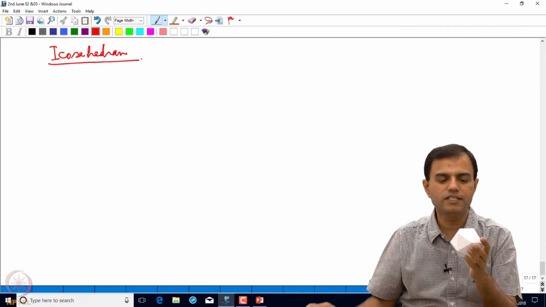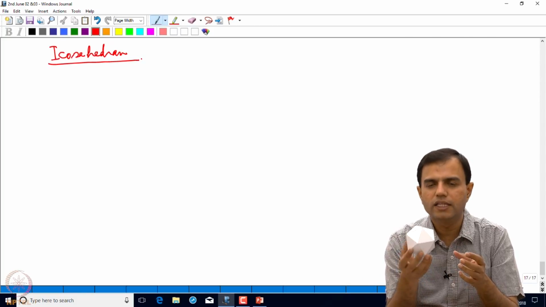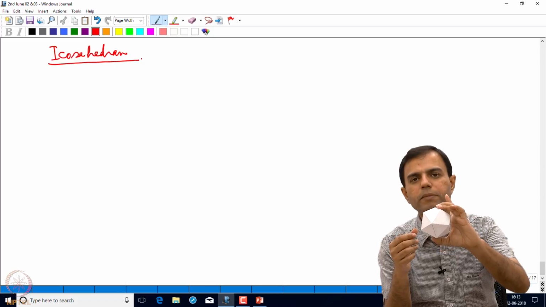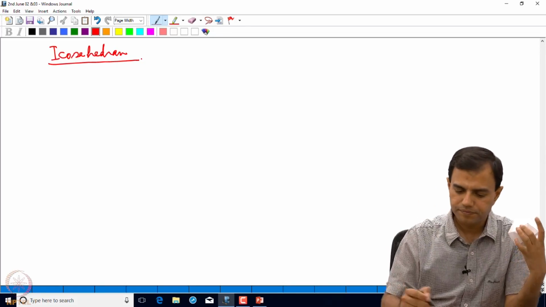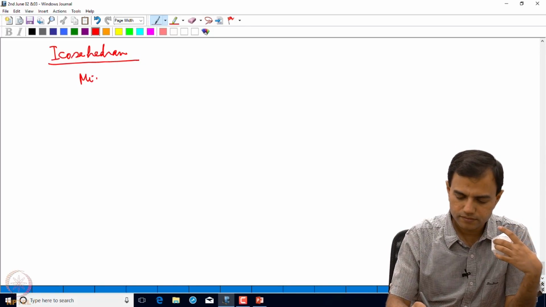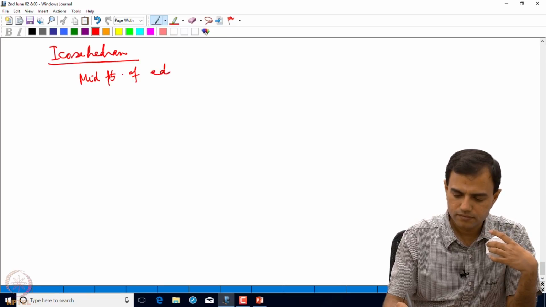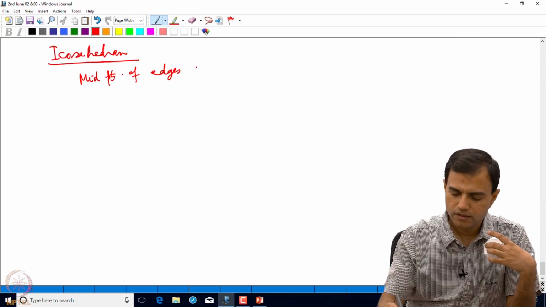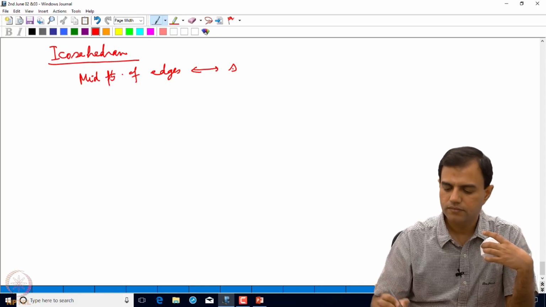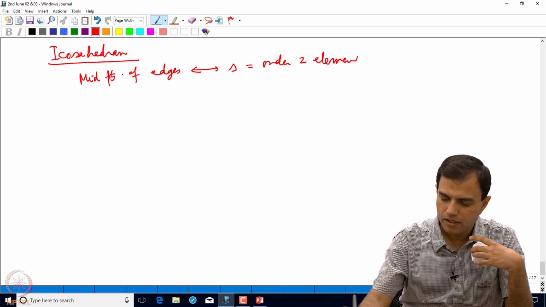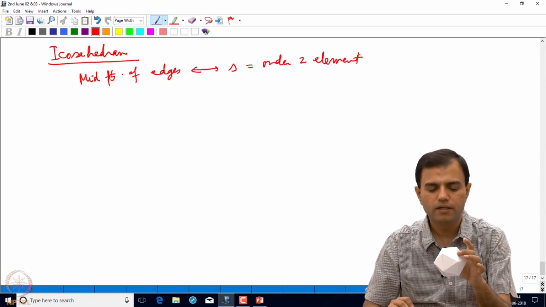Before that, let's see an element of order 2. The element of order 2 is obtained via the midpoint of edges. So this is what you call an order 2 element.